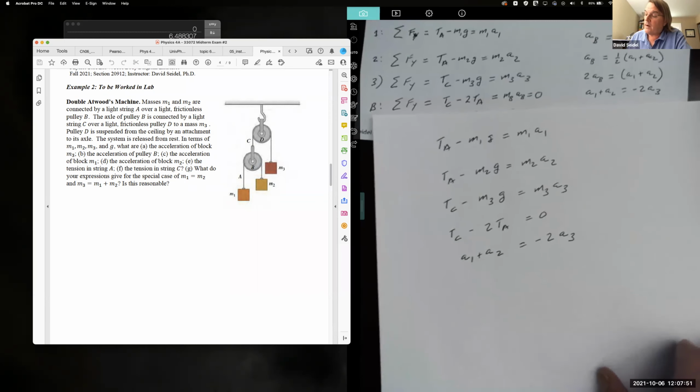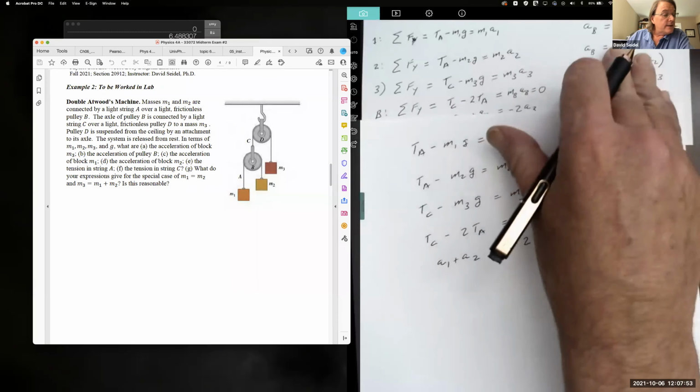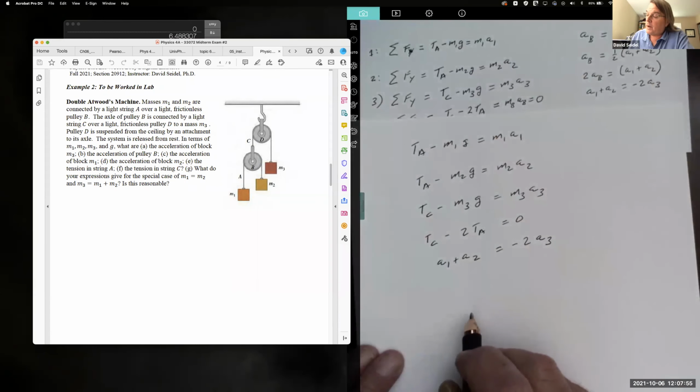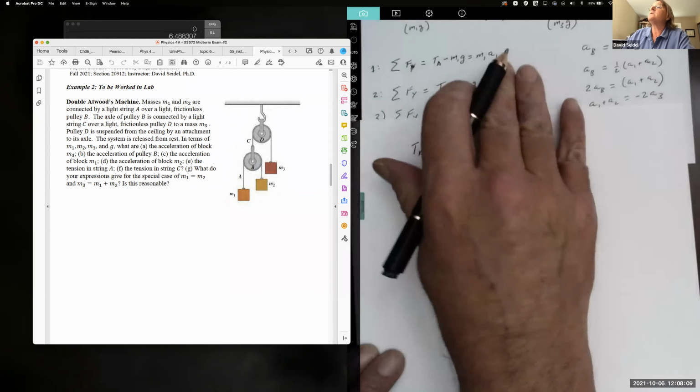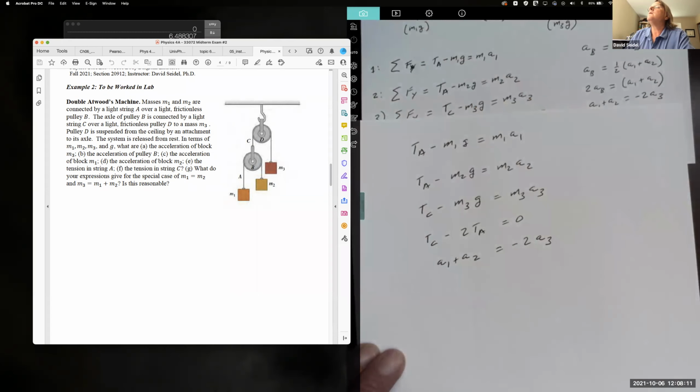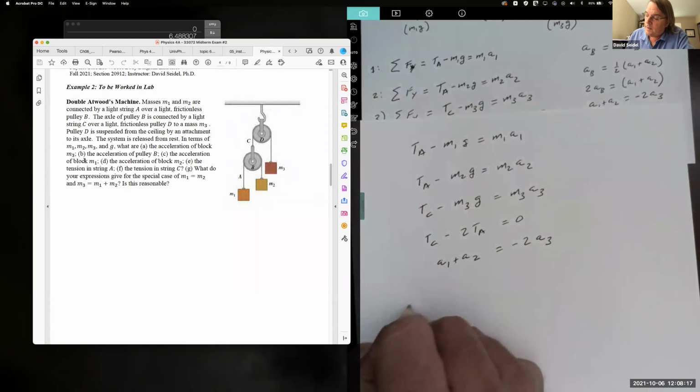So you can come out with the opposite of this, basically a negative sign. But if you work through the math, and like part A asked me to get the acceleration of the block of M3 first, so we can write A3.